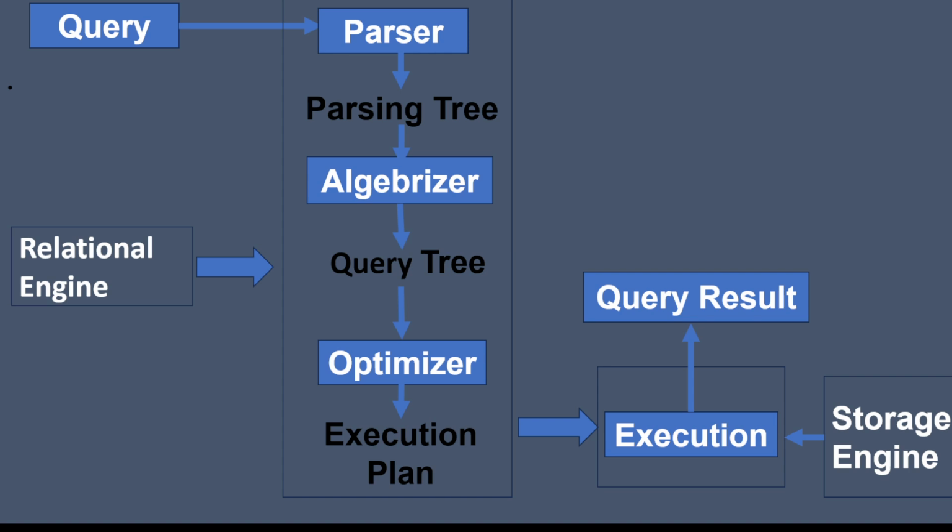So basically, the optimizer is doing this: suppose you submit a new query, and this is a fresh query. If no execution plan is generated in the cache, then it will create a new optimized plan.